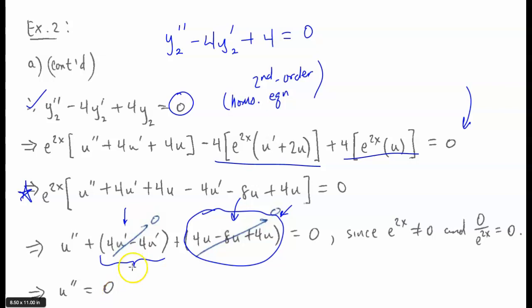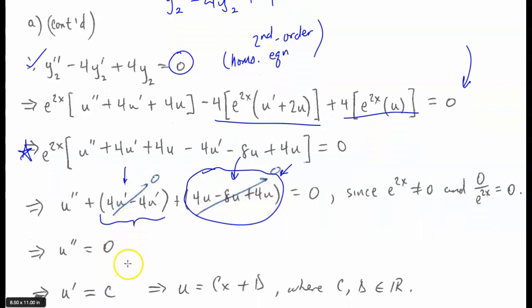So because of the fact that we have everything in terms of u and u prime both going to 0, all I have left is u double prime. And by definition, this is a directly integrable type of equation, which basically means I can take the antiderivative of u twice to figure out what u is going to be.